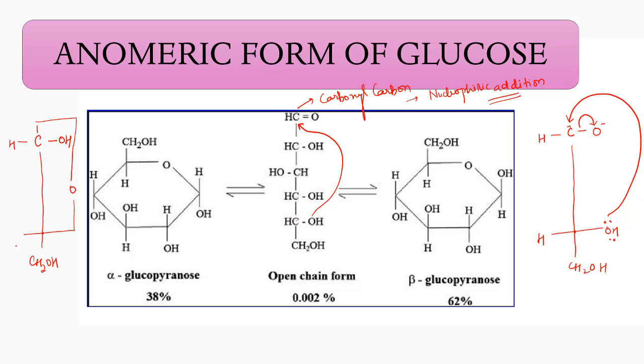So you can see the fifth carbon, OH is absent. Fifth carbon and first carbon, they are attached with the oxygen. So when two carbon are attached with the oxygen, then it is known as what?